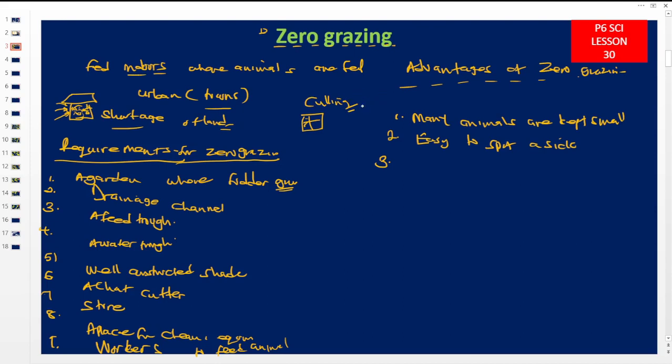Number 3, manure is easily collected. And number 4, feeds are not wasted and animals get enough.